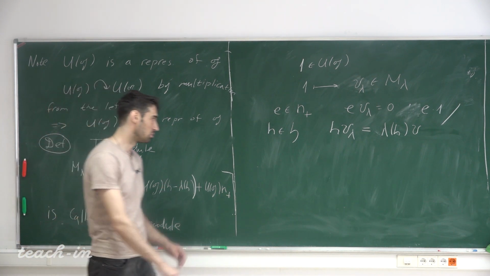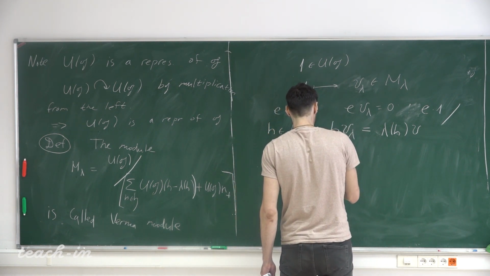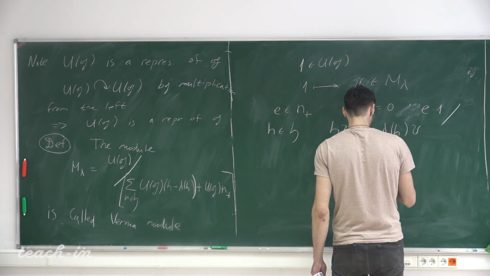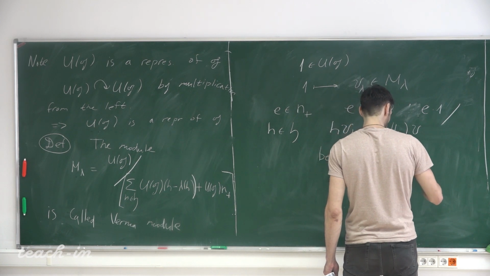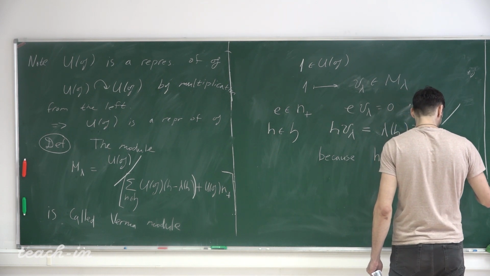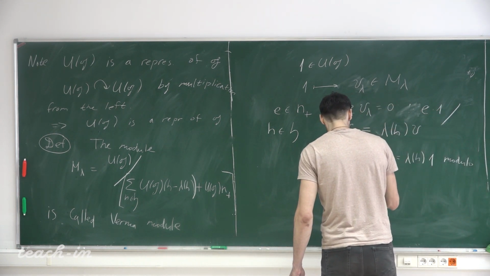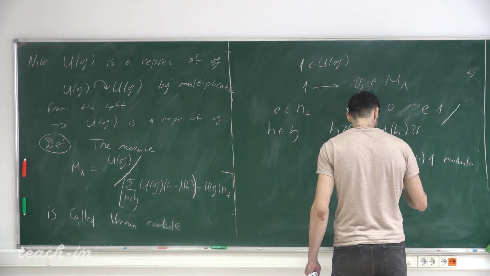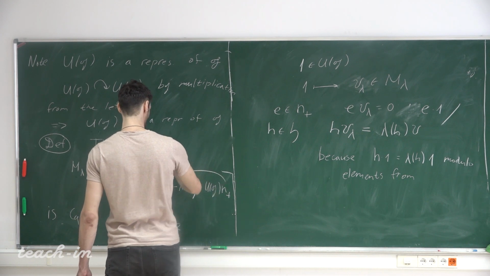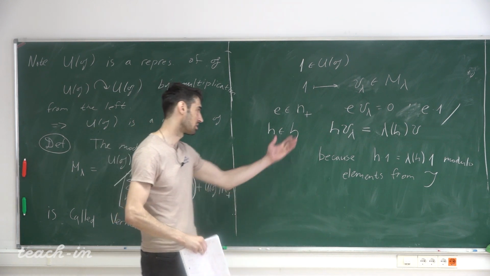So the informal explanation is that h applied to 1 equals lambda of h applied to 1 modulo elements from this ideal. Let's call it, I don't know, J. So this is an informal explanation why this is true.